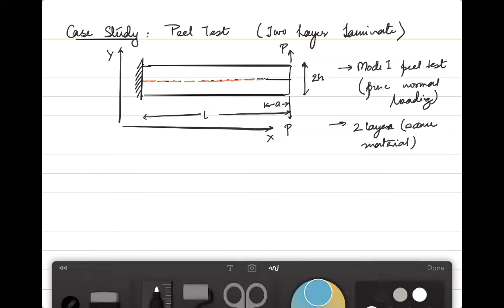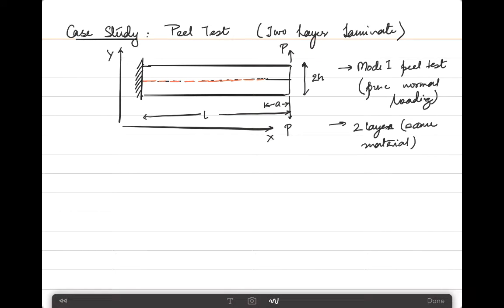Now by means of material tests, we have determined that the fracture strength of this material, which is generally related to the epoxy in this case, is known to us. It's given in Newton per square meter, and the fracture toughness is also known to us.